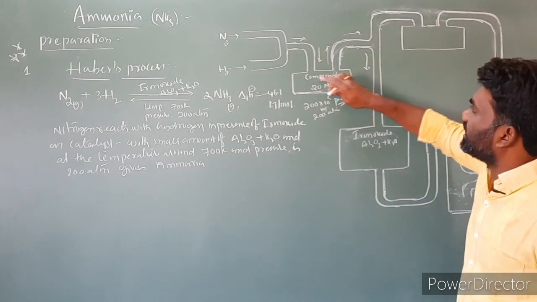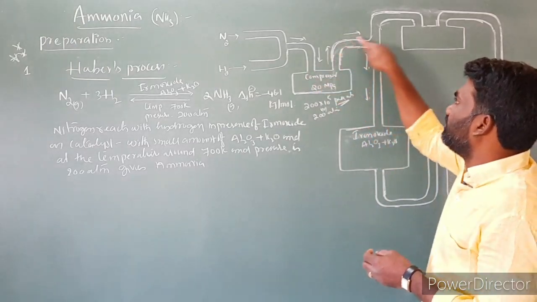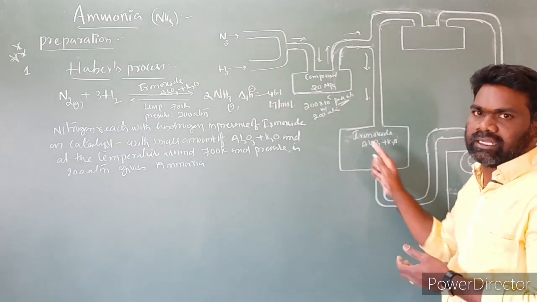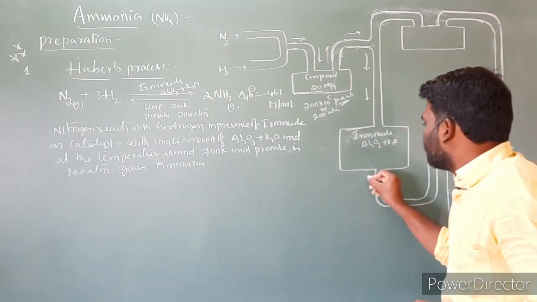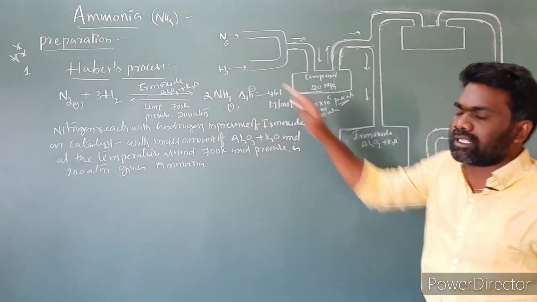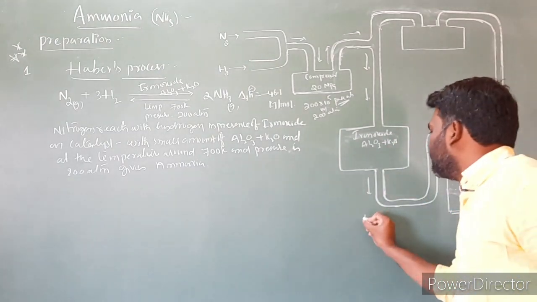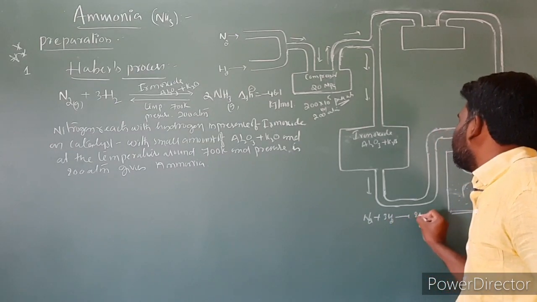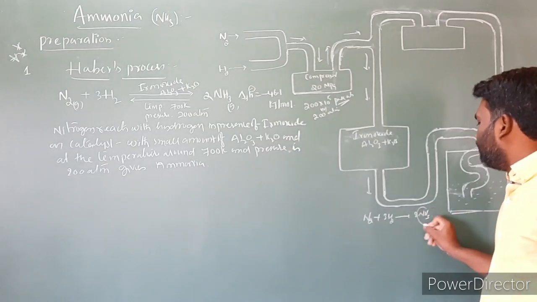Whenever this nitrogen and hydrogen combine in presence of iron oxide as a catalyst, it leads to the formation of ammonia. The reaction is N2 plus 3H2 gives 2NH3. The product we got is ammonia.